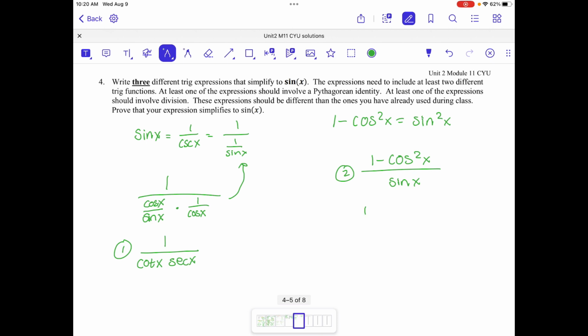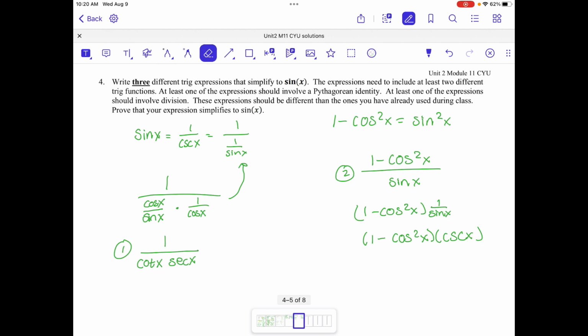Now, I could rewrite this a little bit to get a third expression, because this is really the same thing as 1 minus cosine squared x times 1 over sine of x. And 1 over sine of x is the same thing as cosecant of x. So I could say 1 minus cosine squared x times cosecant x. And I could distribute that cosecant x.